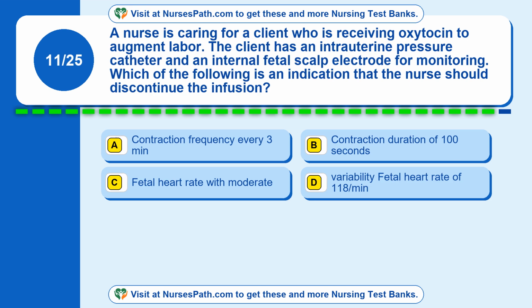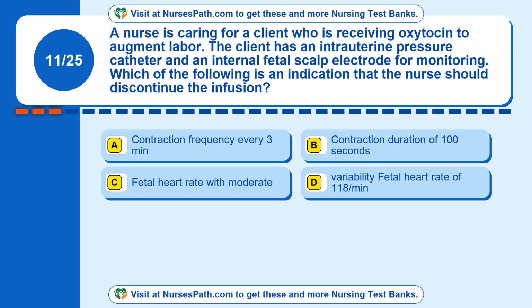Question 11. A nurse is caring for a client who is receiving oxytocin to augment labor. The client has an intrauterine pressure catheter and an internal fetal scalp electrode for monitoring. Which of the following is an indication that the nurse should discontinue the infusion? Option A, contraction frequency every 3 minutes. Option B, contraction duration of 100 seconds. Option C, fetal heart rate with moderate variability.